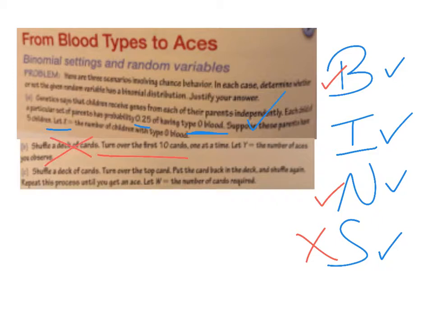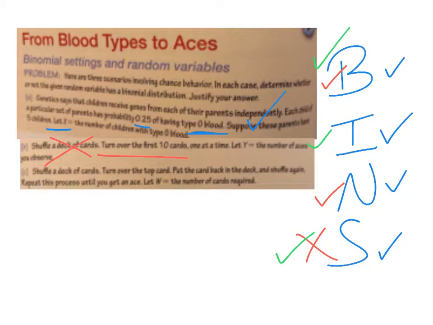The last one, I've got a deck of cards again. I'm turning over the top card and putting it back and shuffling again, and I repeat this process until I get an ace, and W equals the number of cards required. So again, I have a success and a failure, an ace or not. They are independent of one another because I am returning them, so my probability is the same.